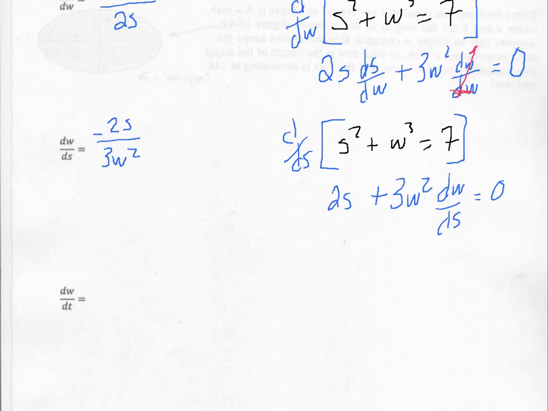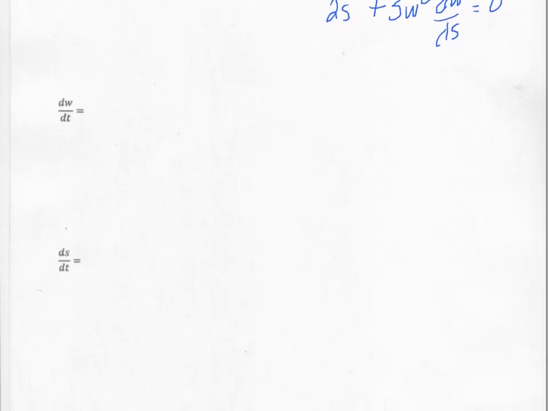All right, moving on to the last two problems. I'll do this once and then solve. Let me just write s squared plus w cubed equals 7.